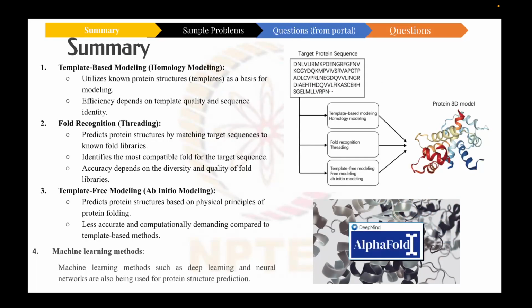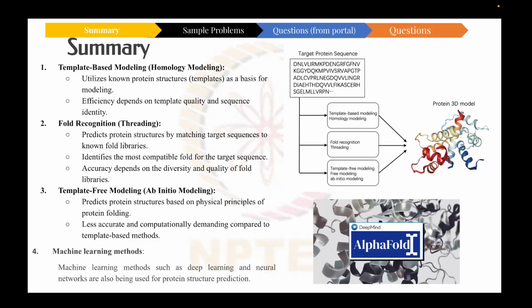So protein 3D structure prediction is a computational method that aims to predict the 3D conformation of a protein from its amino acid sequence. There are several computational methods available, including homology modeling, also known as comparative modeling, which is the most widely used method for protein structure prediction. It involves predicting the 3D structure of a protein based on its homology to a known protein structure. Homology means similarity.